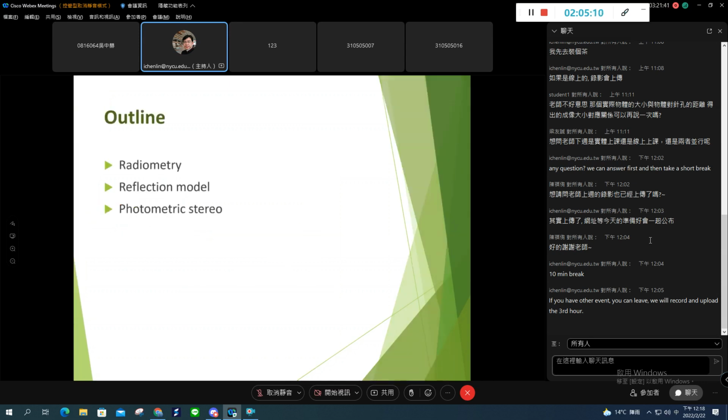But first of all, we will introduce some reflection models, such as the Phong model, and the Lambertian surface, which is actually just the diffuse part of the Phong model. However, I think the most important issue is this one.